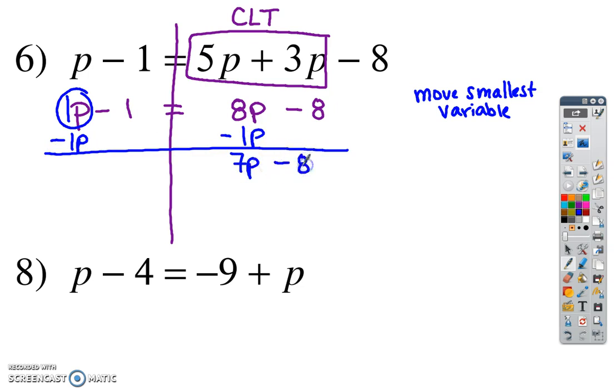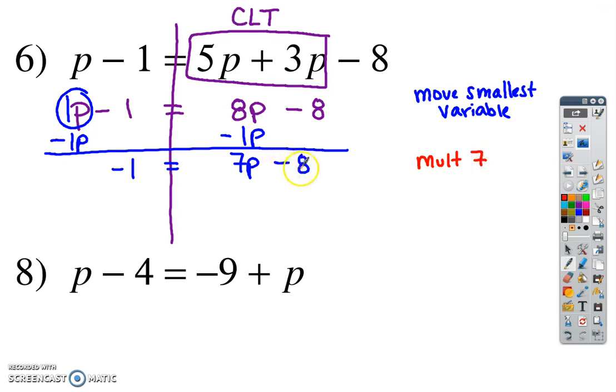Minus 8 equals negative 1. And now you ask yourself, what's happening to p? It's being multiplied by 7. The 7 and the p are together, so it's being multiplied by 7.